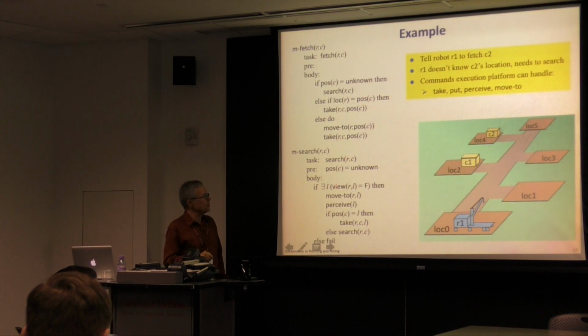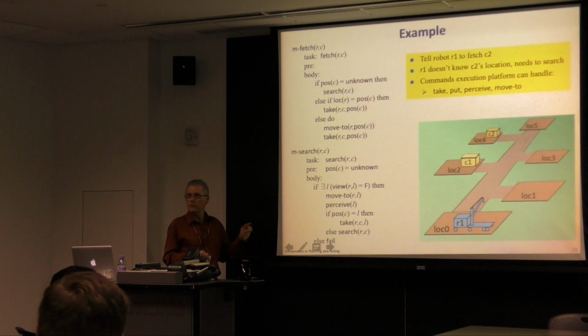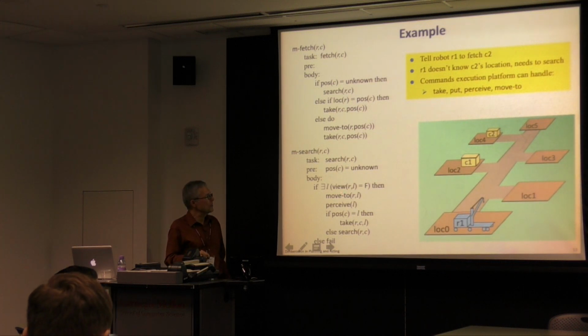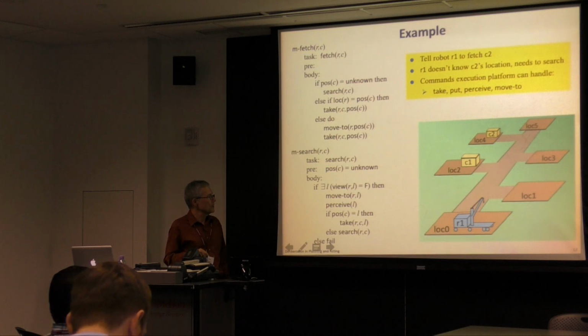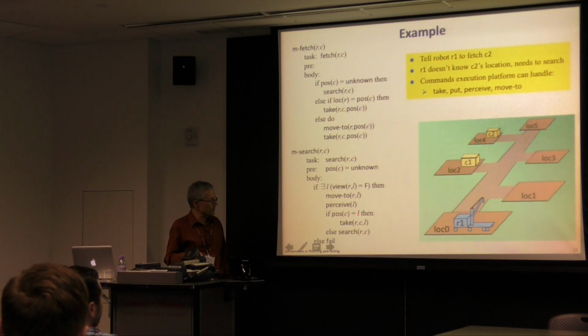So now, if there exists a location somewhere in your domain that you haven't looked at, that's what this says. The view variable has a value false for that location. Then go there, look to see what is there. If what you see is that the container you're looking for is there, then take it.